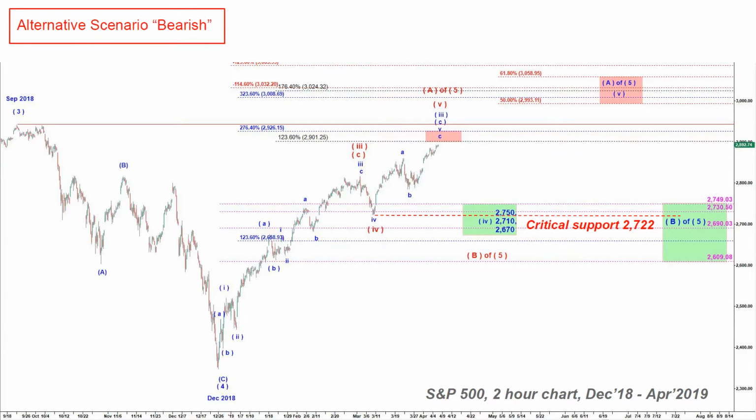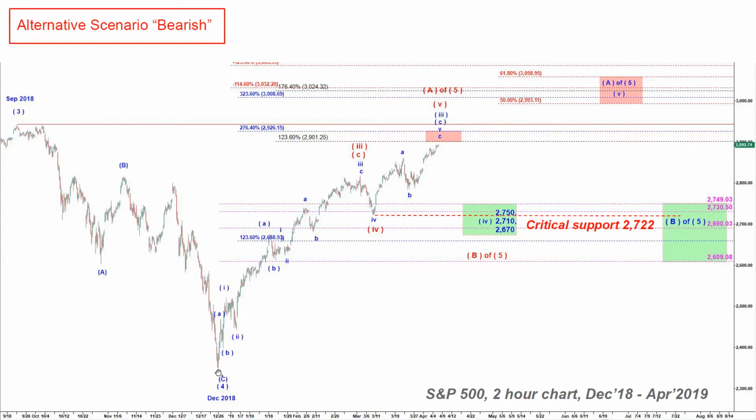Under that scenario, one may argue that the rally started in December 2018 is about to top right here and now, again between 2926 and 2901, because we may stretch that count and consider that top as the top of parenthesis wave 3, that was a corrective move in parenthesis wave 4, and that is the final push up, ABC up, in parenthesis wave 5, completing that rally, parenthesis A of parenthesis 5, started here in December 2018.